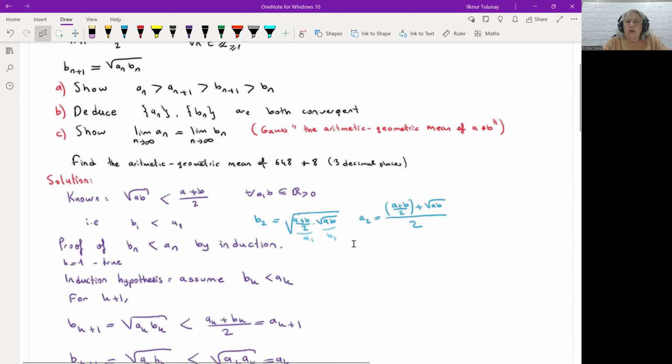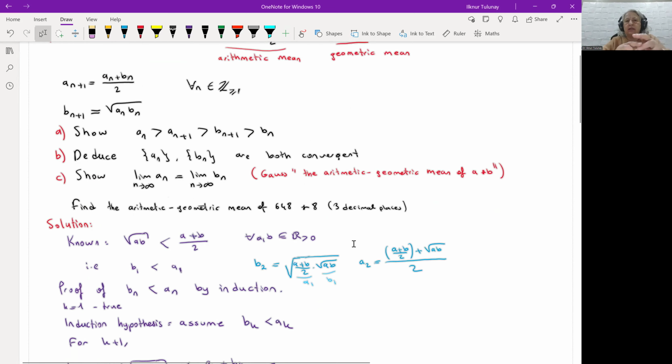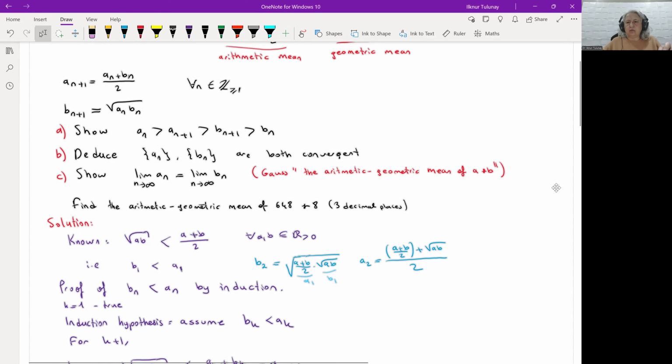Okay, so what we have is a series indexed by n, and n is a natural number. Everything is one step ahead.